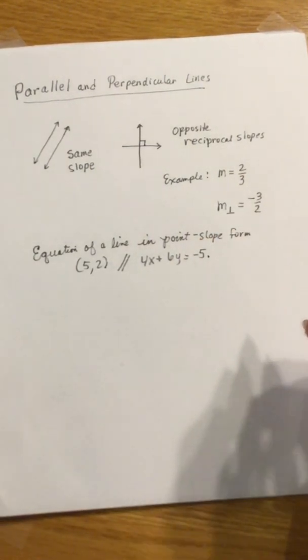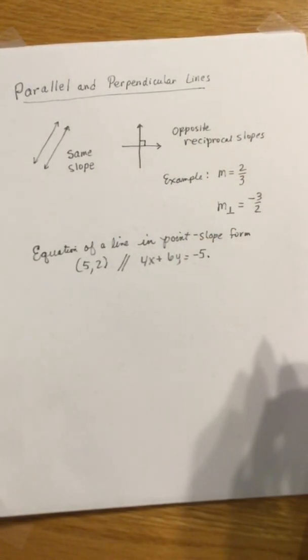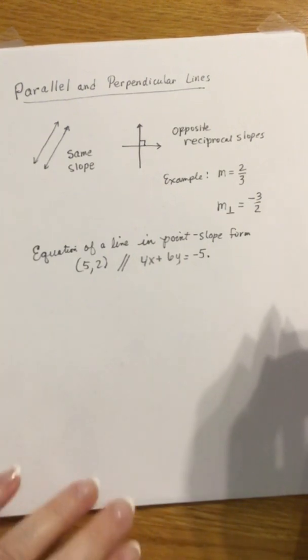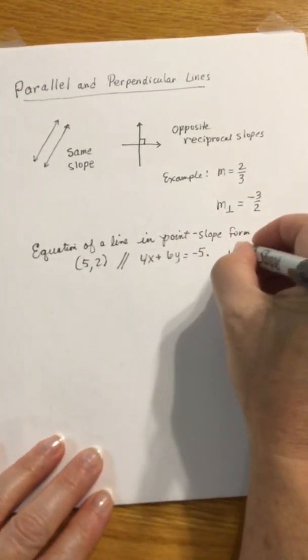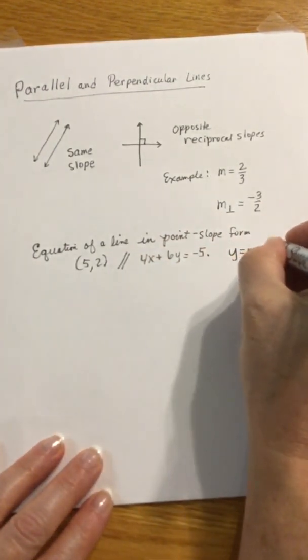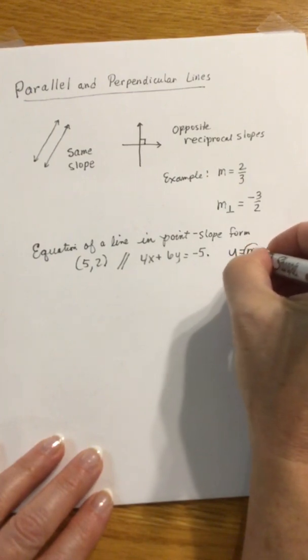So give everybody a chance to catch up to that point first. So the first thing we want to do is put this form into y equals mx plus b, so we can easily find the slope.